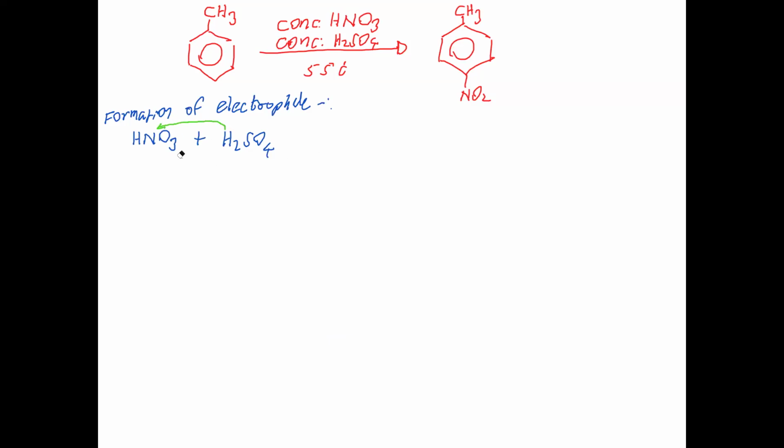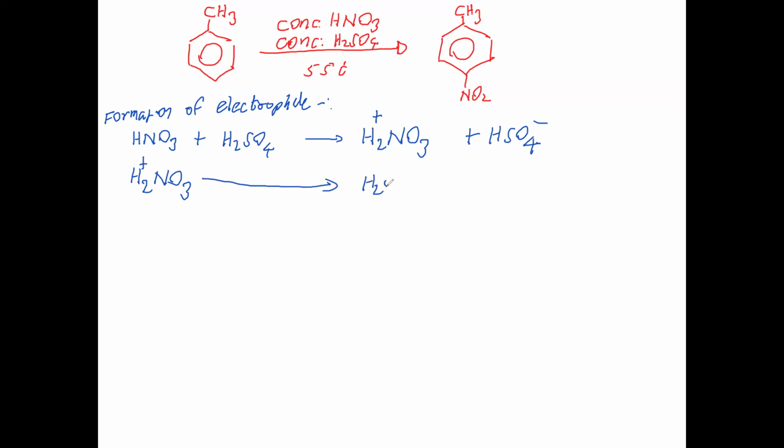So when this H2SO4 gives H plus ion to this HNO3, our HNO3 will become H2NO3 plus, because H plus ion came there, plus HSO4 minus is produced. This H2NO3 plus is unstable, so it will dissociate into two pieces, H2O and NO2 plus sign. This NO2 plus sign is our electrophile.